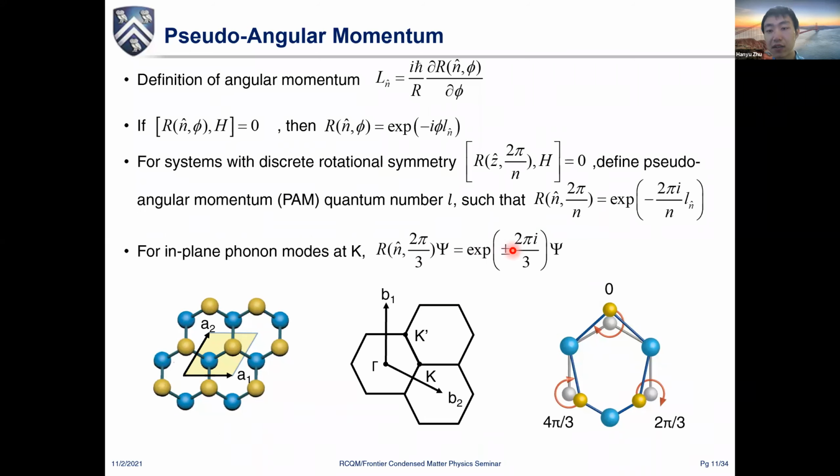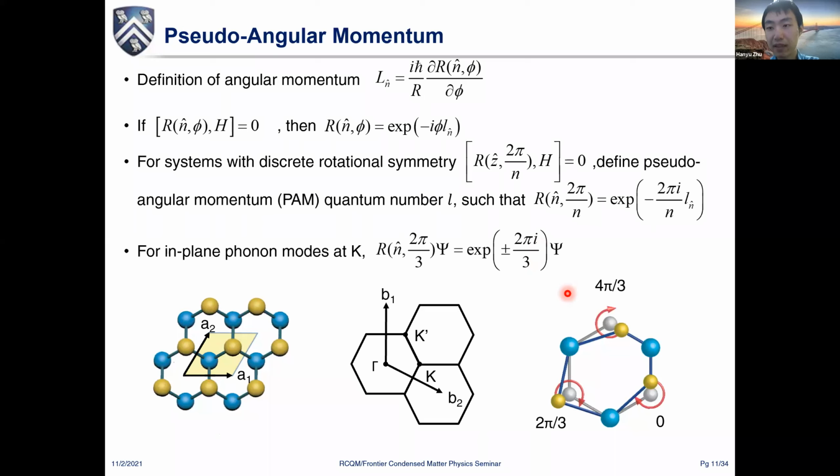because after you rotate the wave function, we accumulate some phase. So let's take a look at this phonon mode. The three atoms are rotating at different phases, and now we start to rotate this entire system. We rotate it counterclockwise, and then you find that this is nothing but the same phonon mode evolving by an extra phase. It actually accumulates minus 2 pi i over 3.